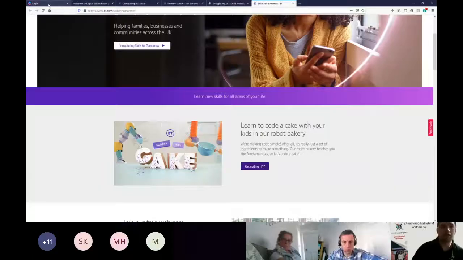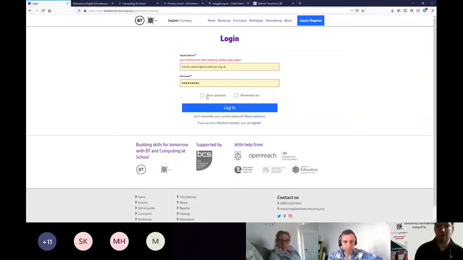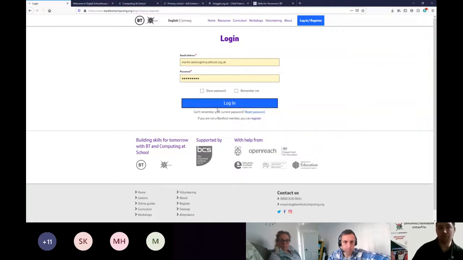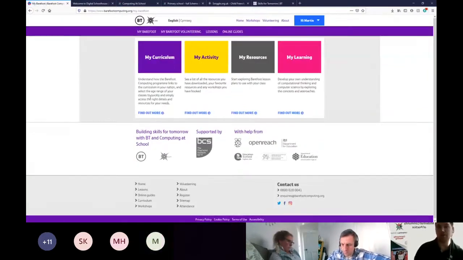One of the main ones, and Wendy was talking about it earlier on, is Barefoot. Barefoot is a really useful set of resources, funded by BT and CAS, with lots of different organisations involved, Raspberry Pi as well. It's a little bit like the NCC in terms of their resources: they're all fully vetted and really good quality.